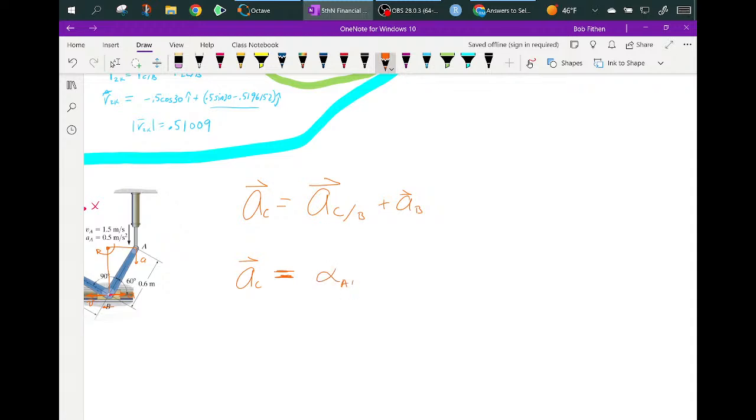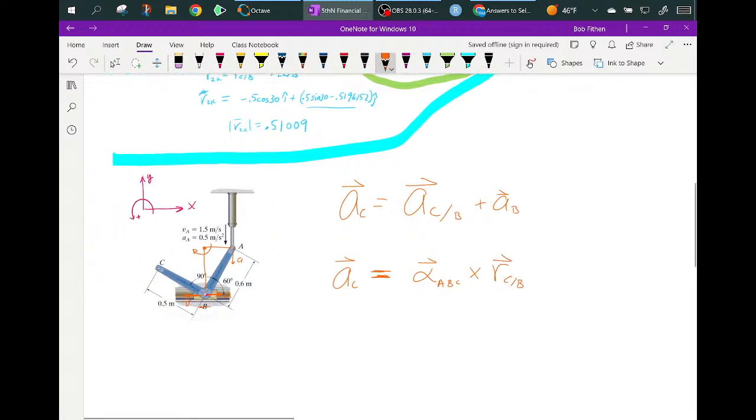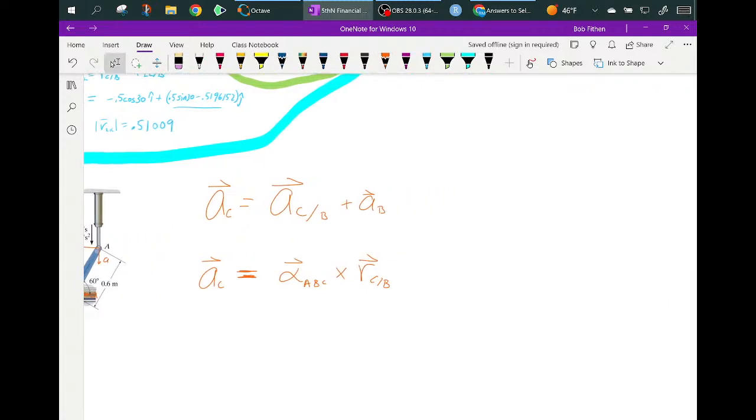Alpha AB, C, which I already have. Hang on. I don't see anything there. Which I already have. Crossed R, C, B, which I had before, and I'm going to use it again. Minus omega ABC, which is still the 5.